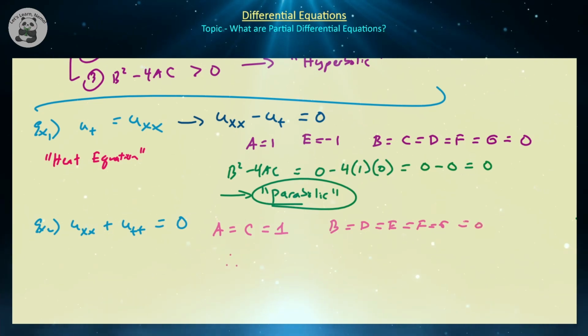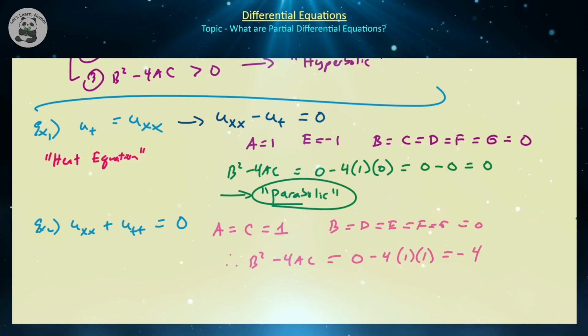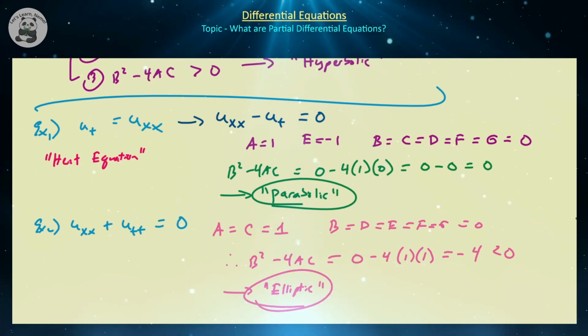So that means b squared minus 4ac is equal to 0 minus 4, which is negative. If the discriminant of the PDE is negative, then we say that this equation is an elliptic PDE.